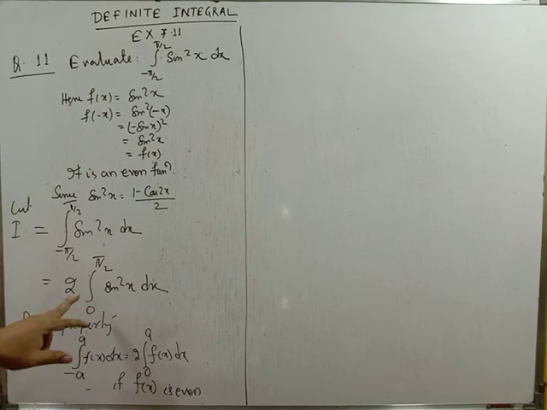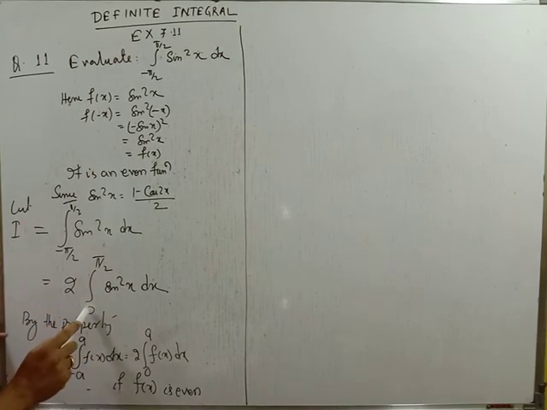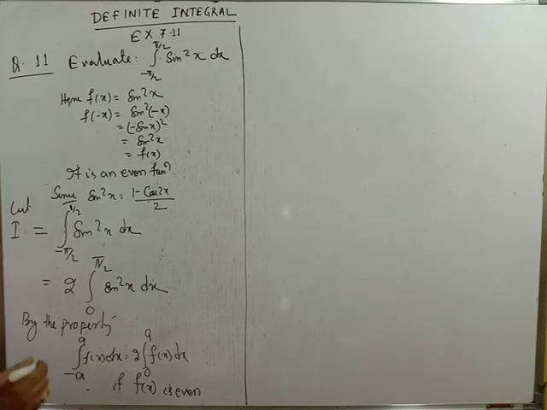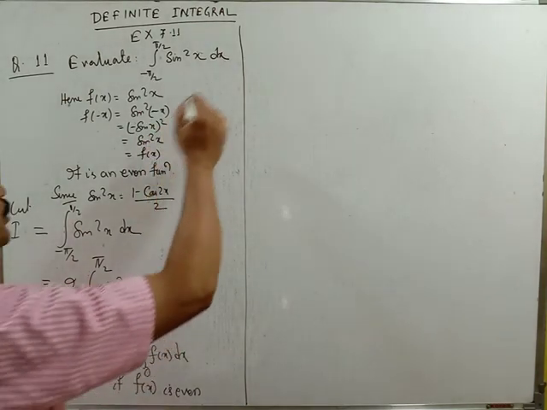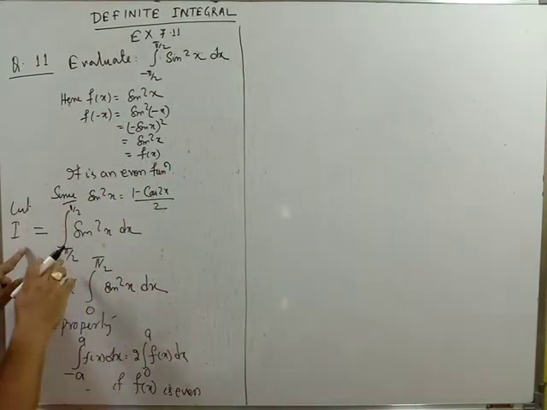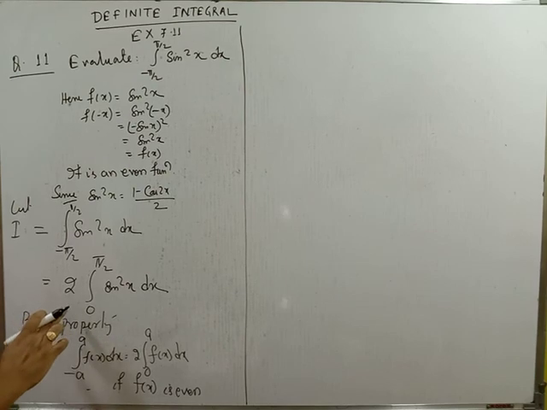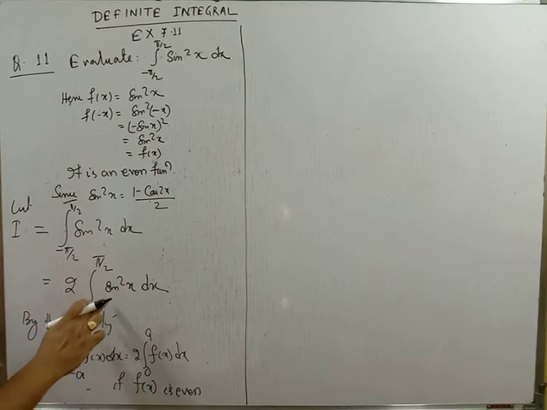This will be equal to 2 times the integral from 0 to pi by 2 of sine square x dx. Now do this integration. Let I be equal to the integral from minus pi by 2 to pi by 2 of sine square x dx. This will be equal to 2 times the integral from 0 to pi by 2 of sine square x dx.